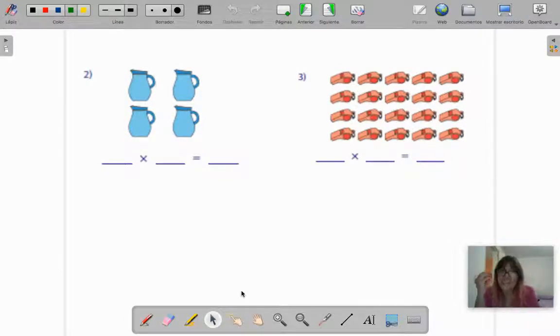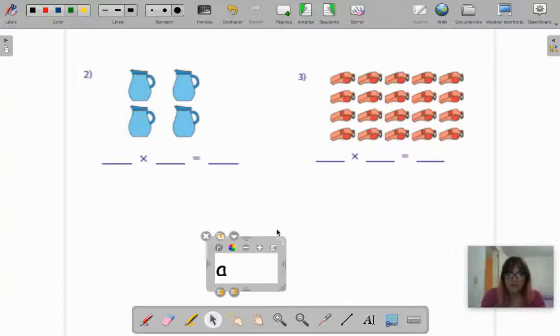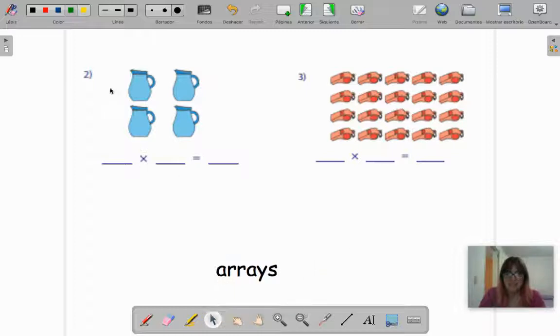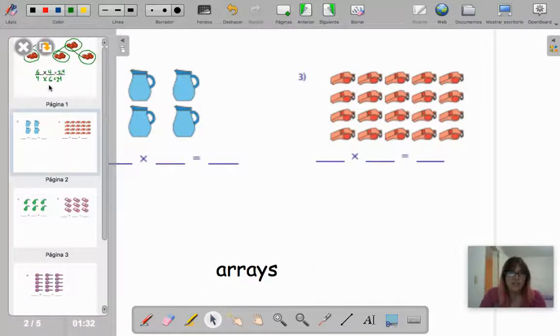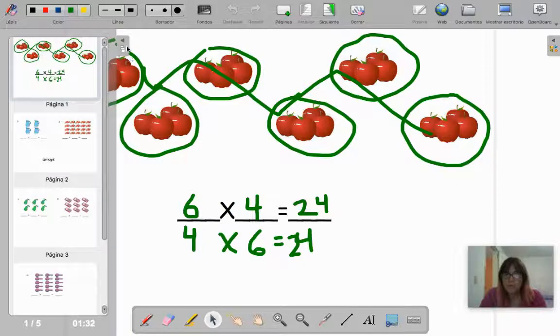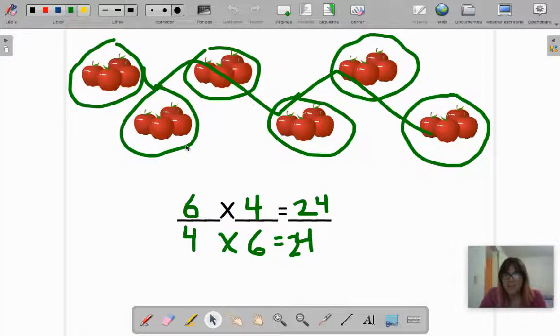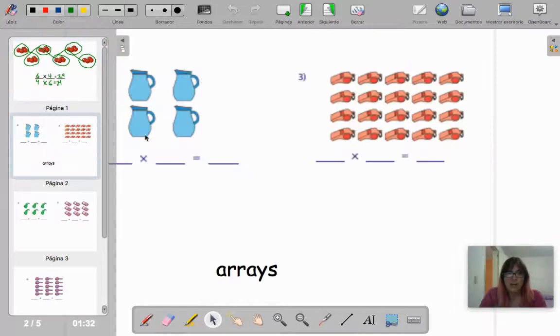Today, now these kind of multiplication sentences, yes, they are new. These are called, let me write it for you, arrays. In the last one that you just saw here, we had groups, okay? Groups like this. Now, in these ones, we have arrays.